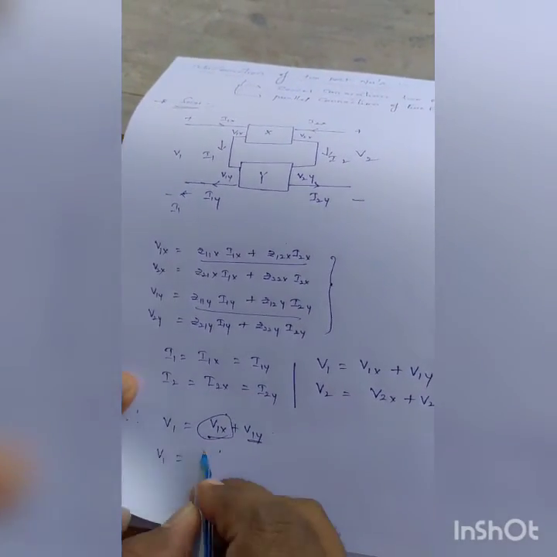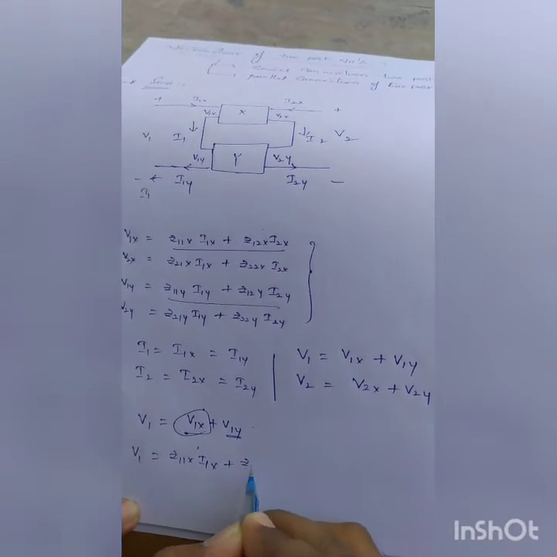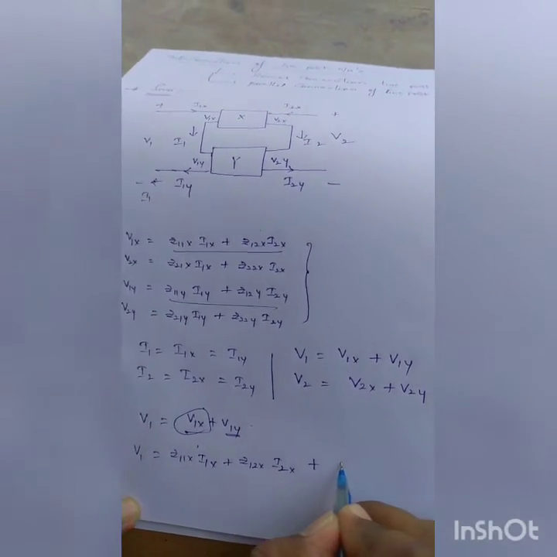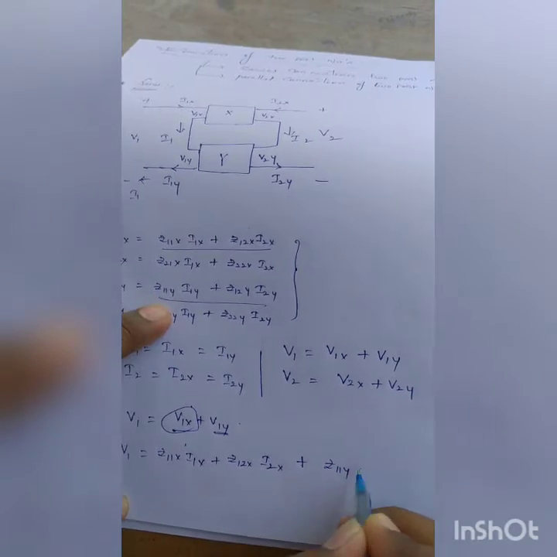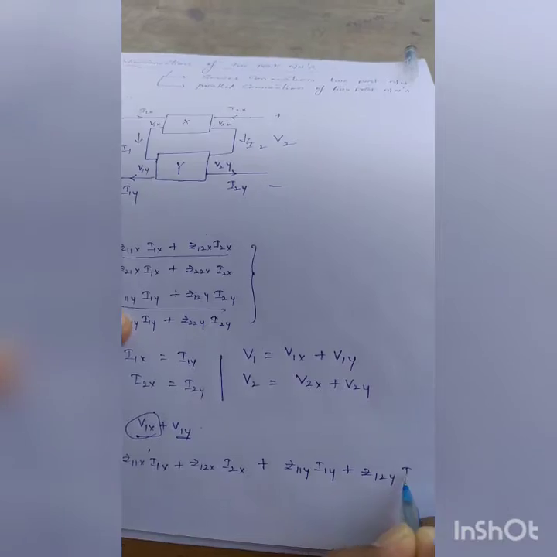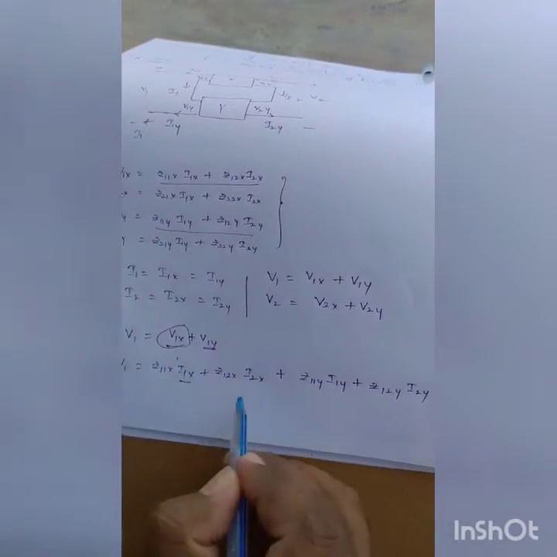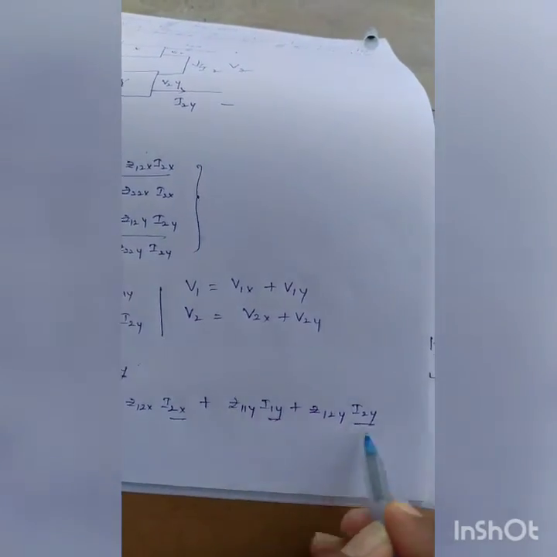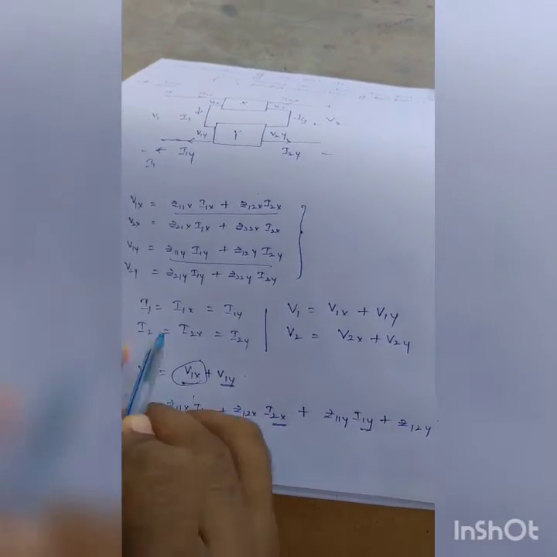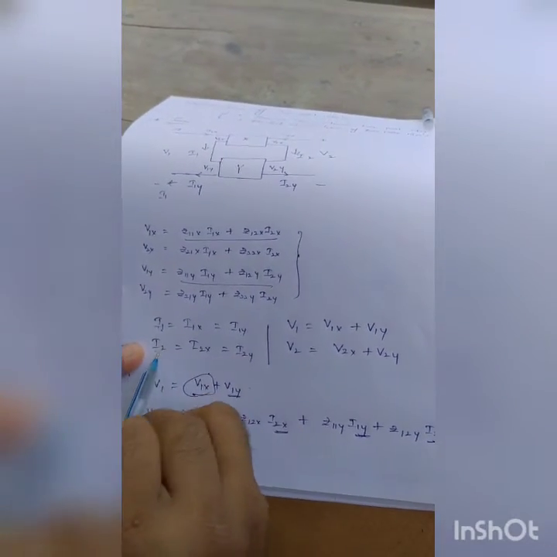V1 is equal to Z11x I1x plus Z12x I2x plus Z11y I1y plus Z12y I2y. Here I1x is nothing but I1, I2x is nothing but I2, I1y is nothing but I1, I2y is nothing but I2.